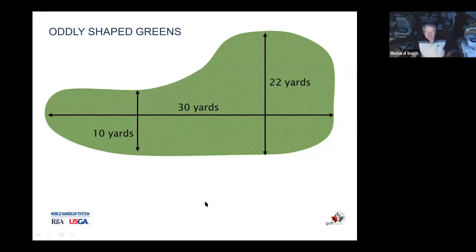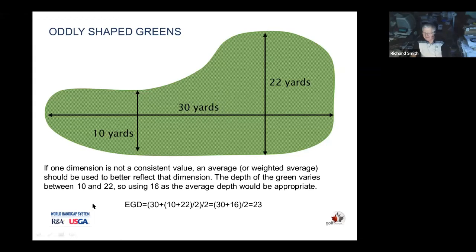Then there are other oddly shaped greens. This one here, for example. We can average, or we can do a weighted average as the case may be. In this one, they're suggesting that the depth of the green, so presumably we're coming at the green this way, and the width is 30. So what they're suggesting is we would want to take some sort of an average of the 10 and the 22.